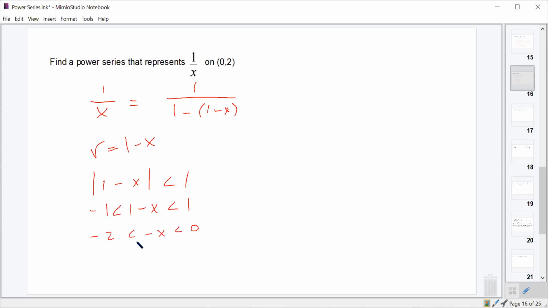And then dividing by a negative 1 will flip your signs. And it shows us that this function can be represented with a power series for 1 over x on the interval 0 to 2. And this is just the sum from n equals 0 to infinity of our common ratio to the power of n. Good or no?